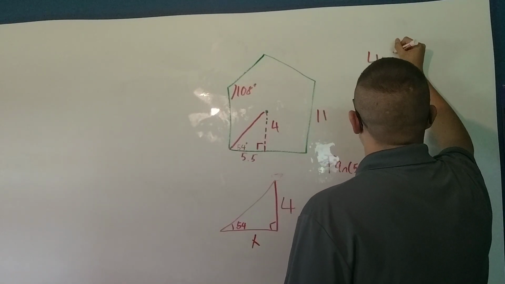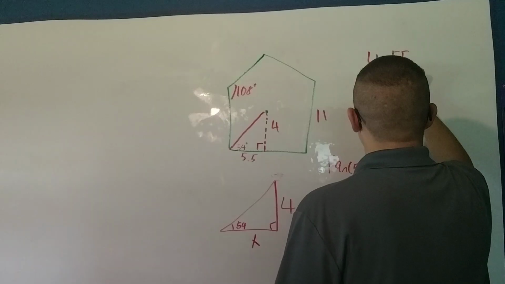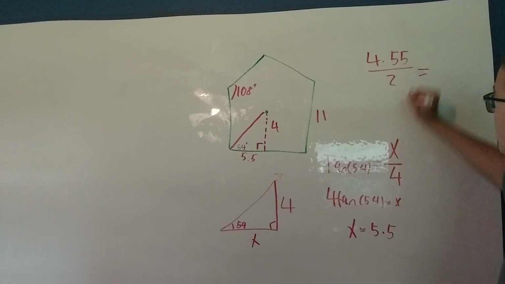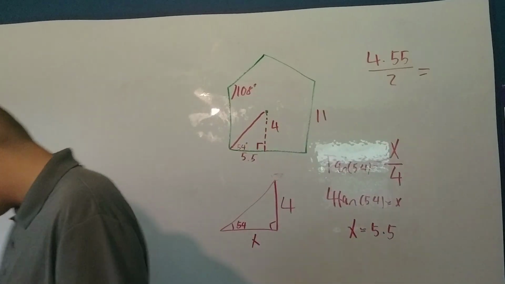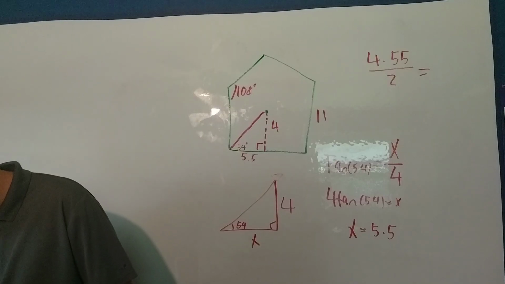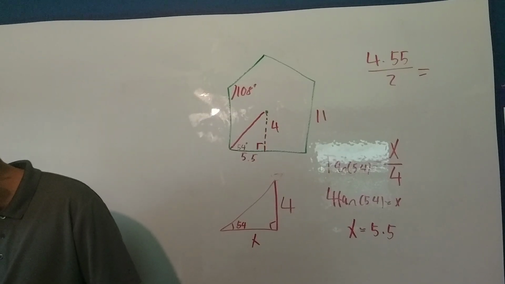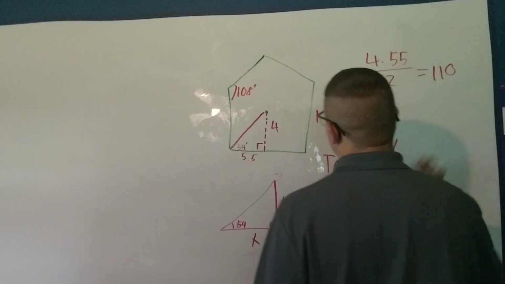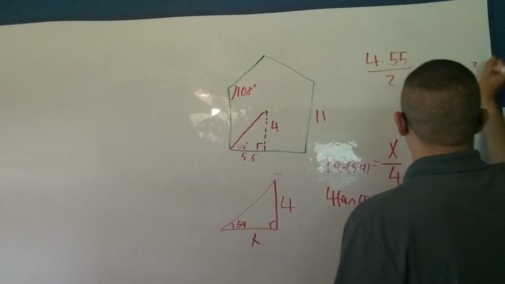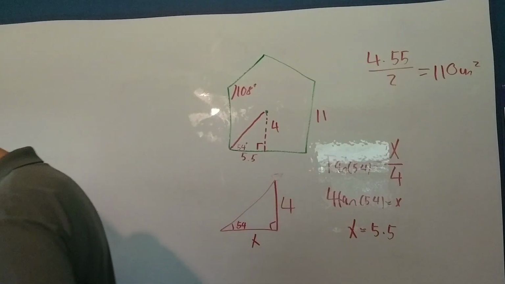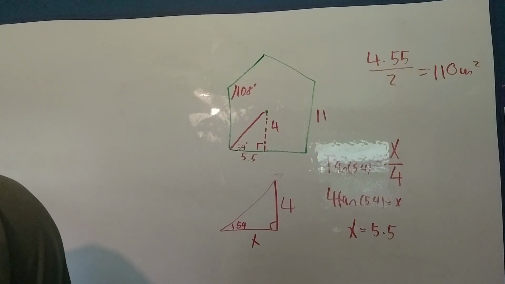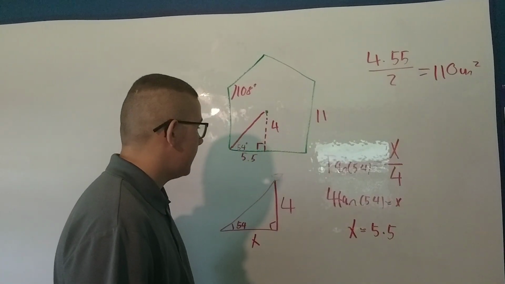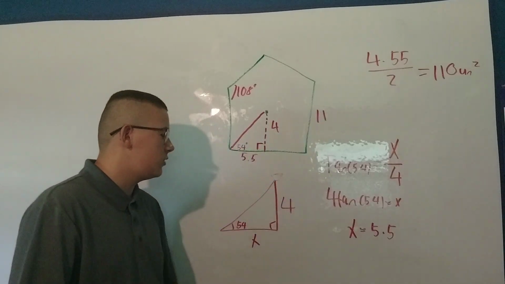So we do the apothem times the perimeter divided by 2. 4 times 55 over 2. 4 times 55 is 220 over 2 is just 110. And you get the area is 110 units squared, because I know teachers get angry about that.